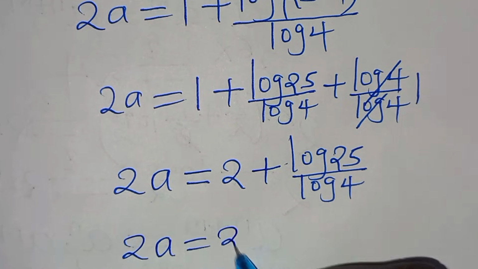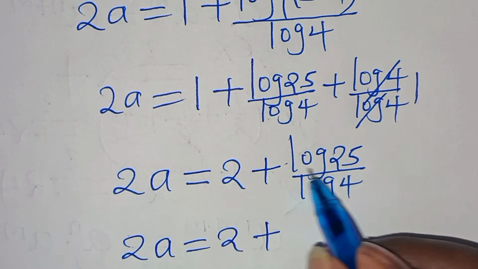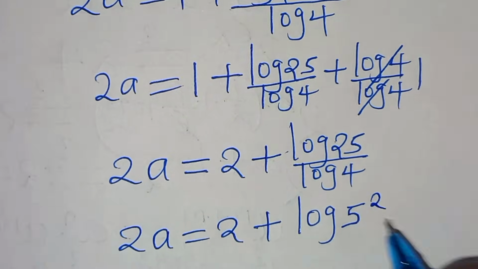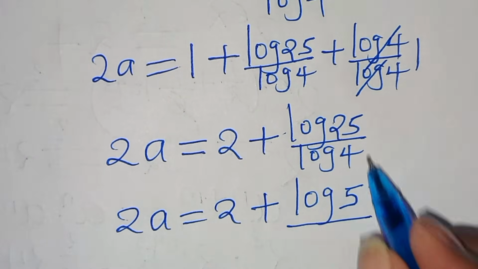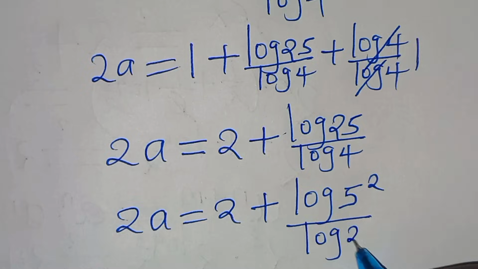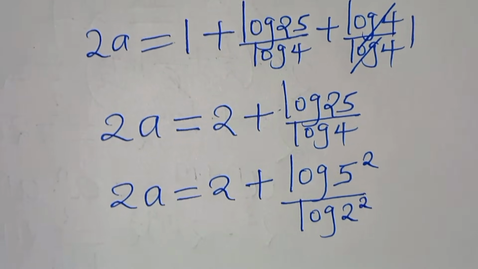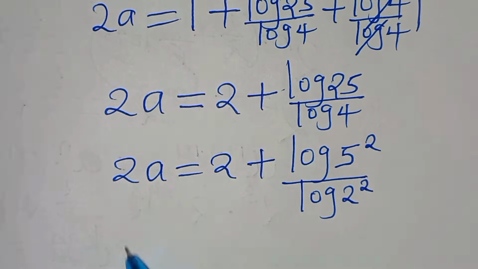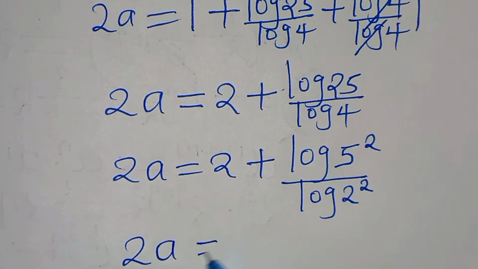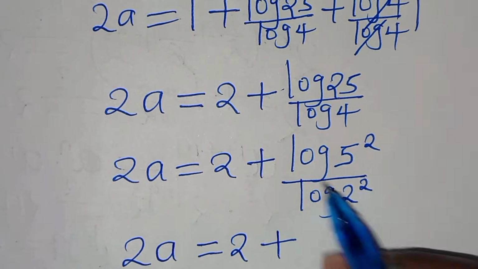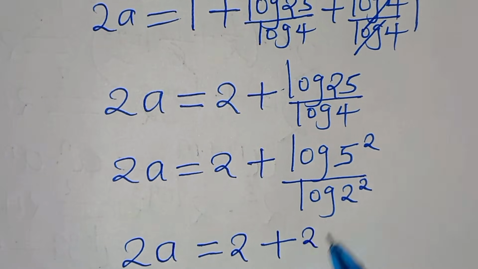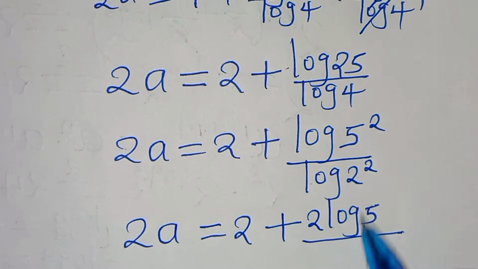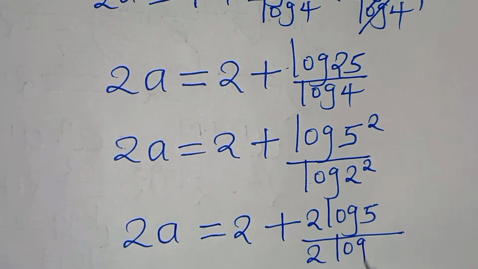This is equal to 2 plus, we can express log 25 as log 5 to the power of 2 divided by log 4, which is log 2 to the power of 2. Now applying the power rule property here, we have that 2a, this is equal to 2 plus log 5 to the power of 2 becomes 2 log 5 divided by log 2 to the power of 2, which is 2 log 2.